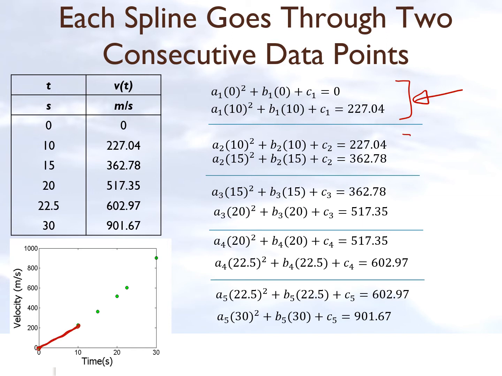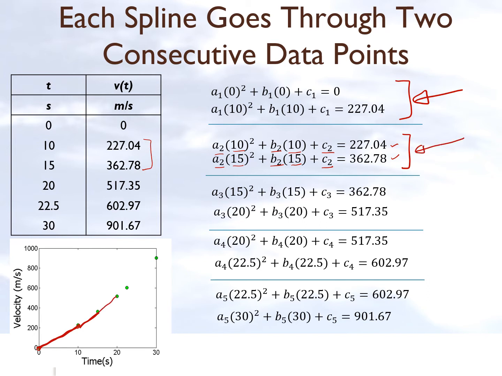Then if you look at this one, that is for this spline going through 10 and 15. As you can see here, you have the second spline, which has A2, B2, and C2 as its coefficients, but they are going through 2 points, 10 and 15, and using the corresponding velocities for 10 and 15 there. So that's the second spline.